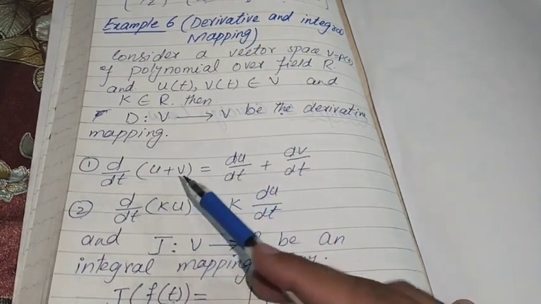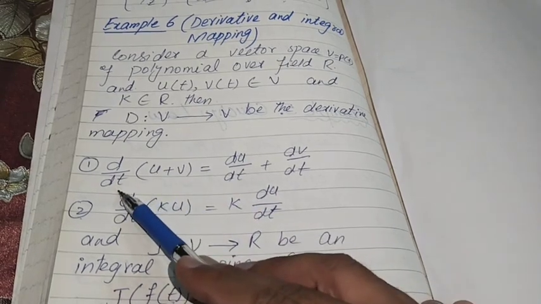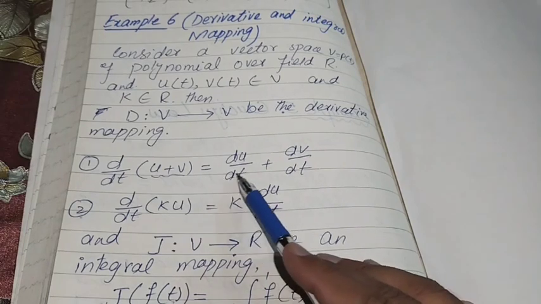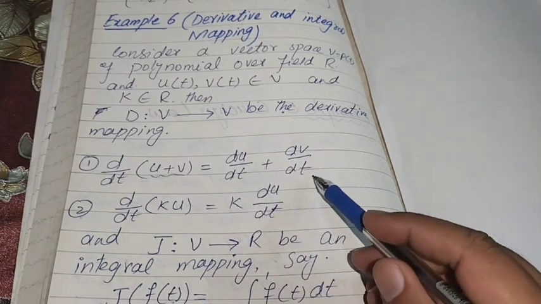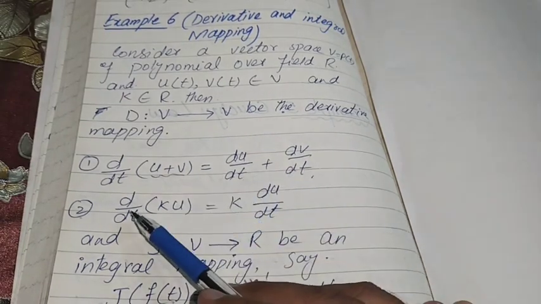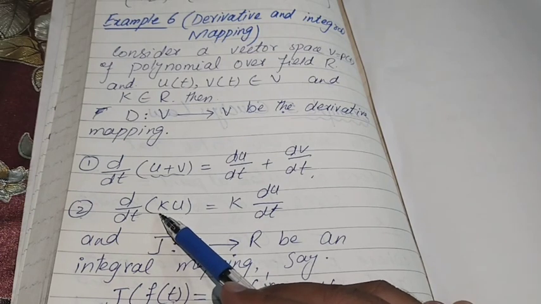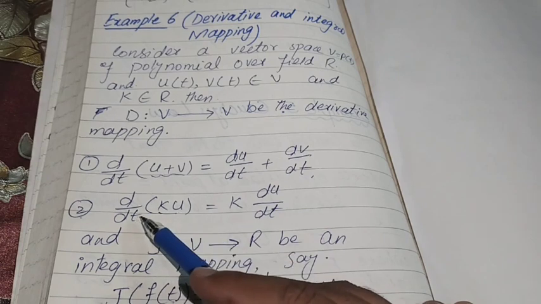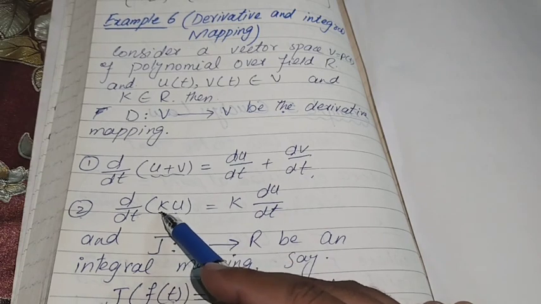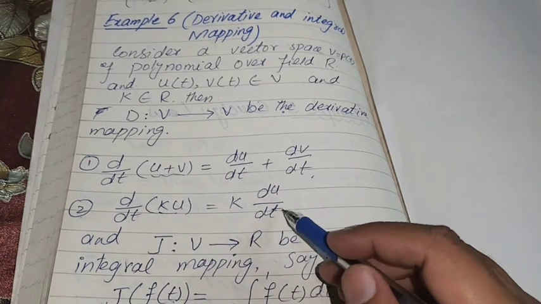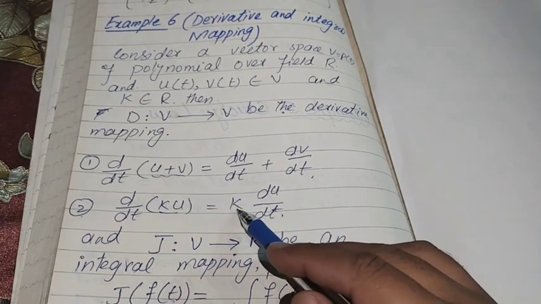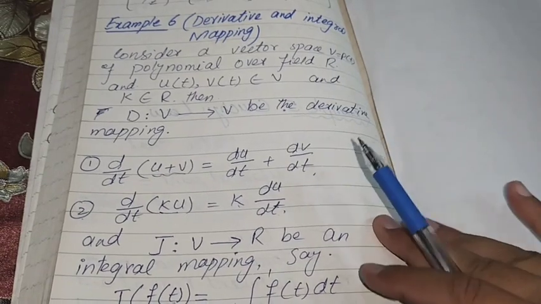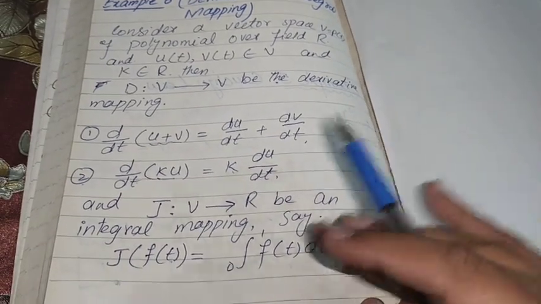When we take the derivative of the sum of two vectors, the derivative is applied to each vector separately. When a scalar is multiplied by a vector and we take the derivative, the scalar comes out of the derivative sign, and we write k times du over dt.